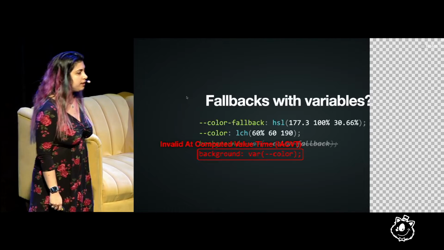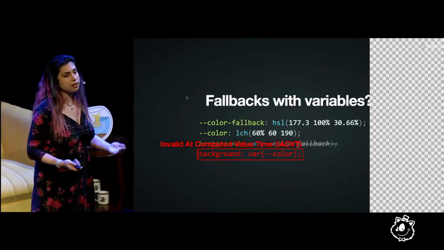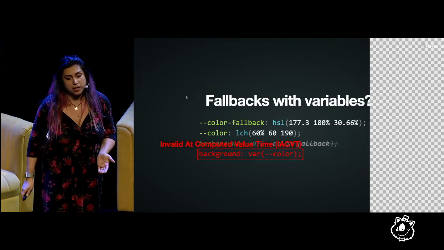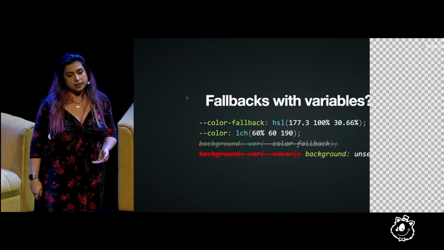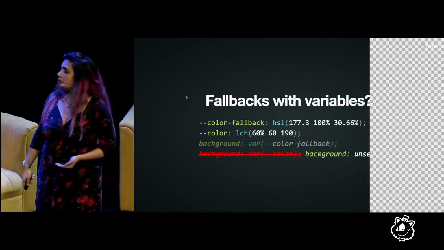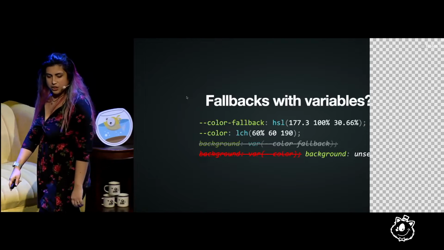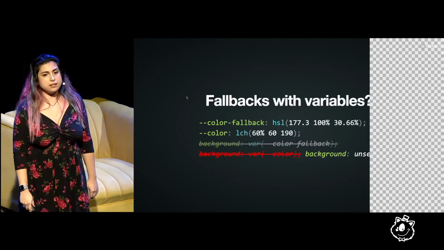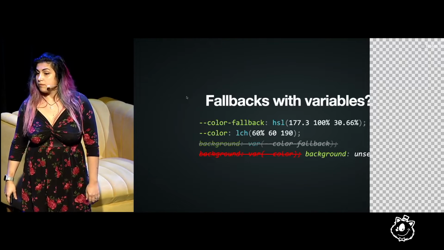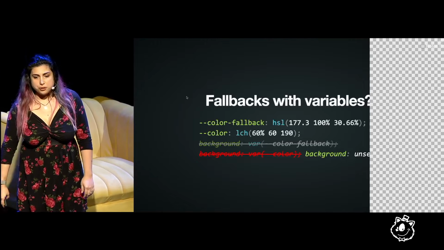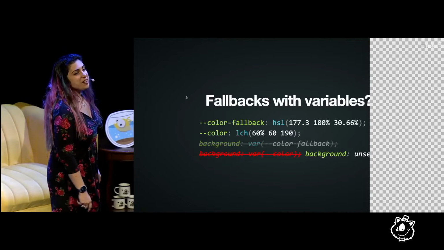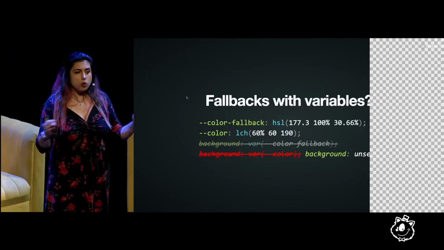And what does this mean? Anytime a declaration becomes invalid at computed value time, it's basically treated as unset. So how many of you know what the keyword unset does? Oh wow, I should have had a slide on that. So the keyword unset is a global keyword.